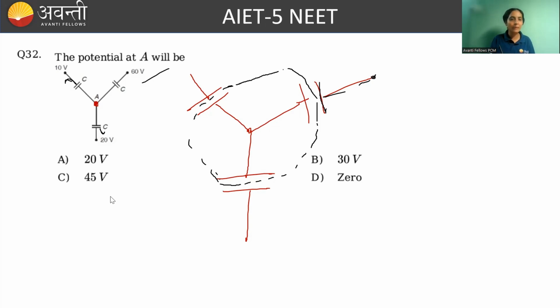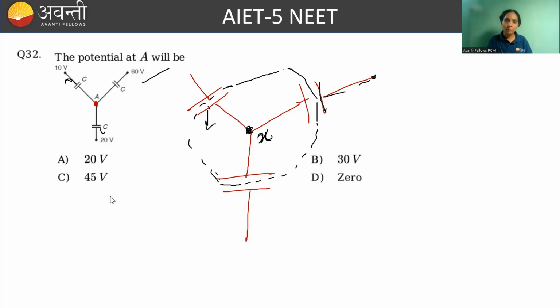So these three together make an isolated system. And I told you, in an isolated system, charge remains conserved. Initially these are not connected to any voltage source, and finally also not, so the charge will remain zero. Just assume that the voltage here is X. If the voltage here is X, what will be the charge on this plate?